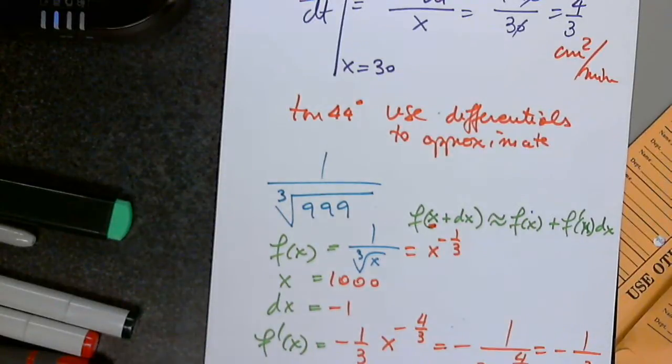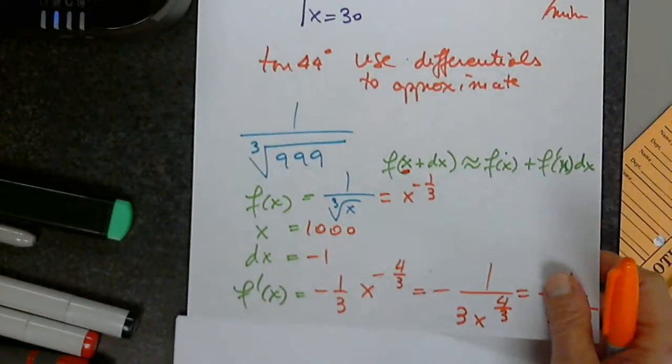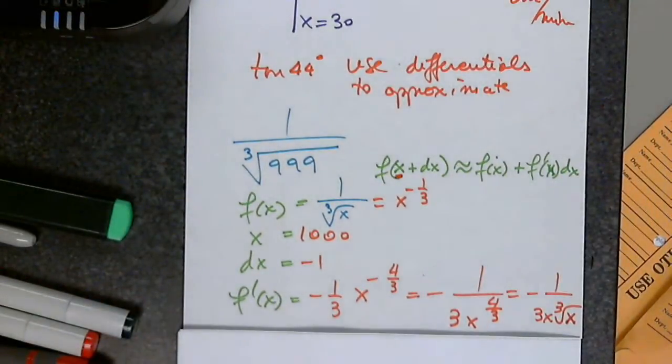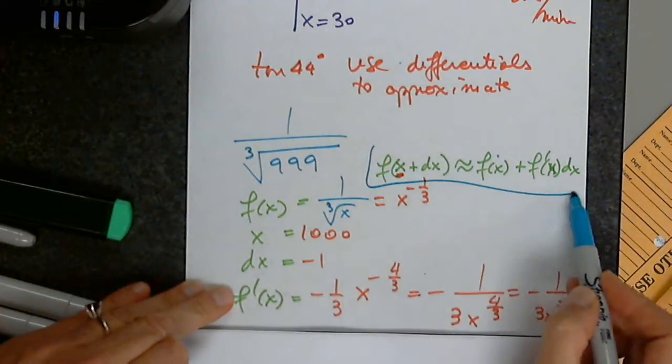I can only take the cube root of 1,000. I don't know how to get the cube root of 999. It's the closest perfect cube, I should say. So the deviation from 1,000 is negative 1. So that's why dx is negative 1. Okay, perfect.